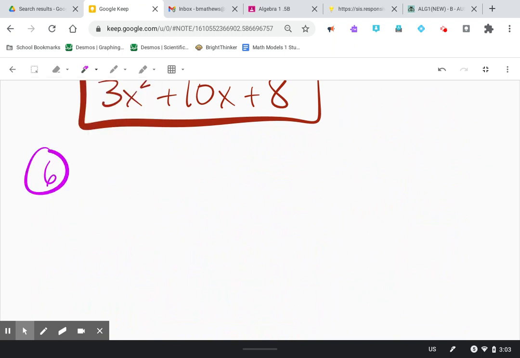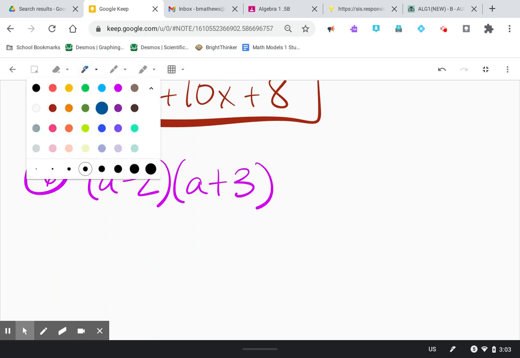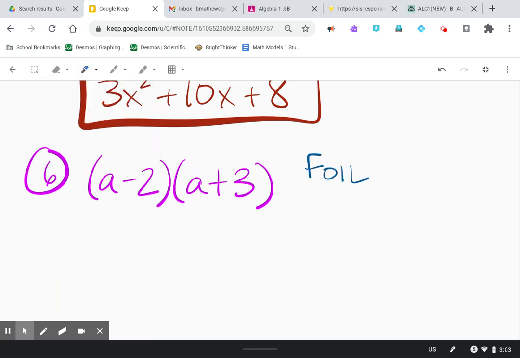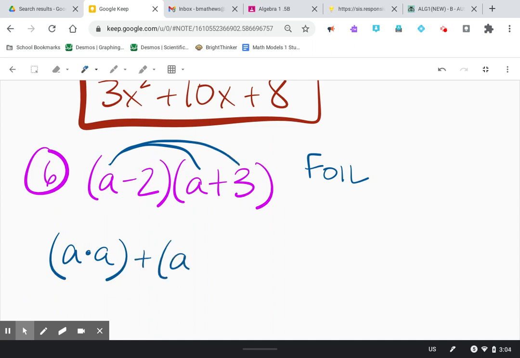Let's say I have a minus 2, a plus 3. Okay, we're going to use FOIL. So we're going to do first times first. That's going to be a times a. And we're going to do outside, a times 3.